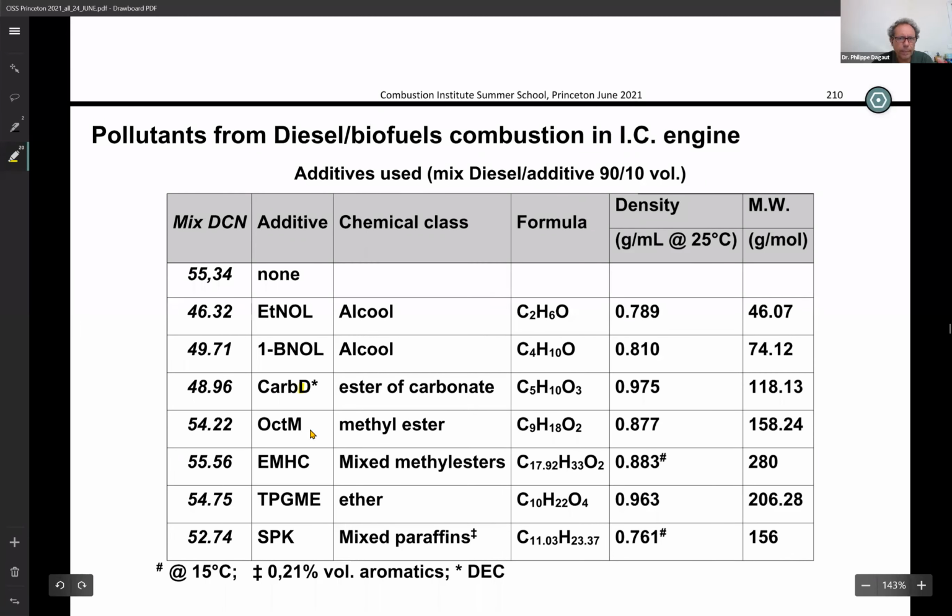And we also use methyl octanoate, methyl esters, and a tripropylene glycol methyl ether, and a synthetic paraffinic kerosene.